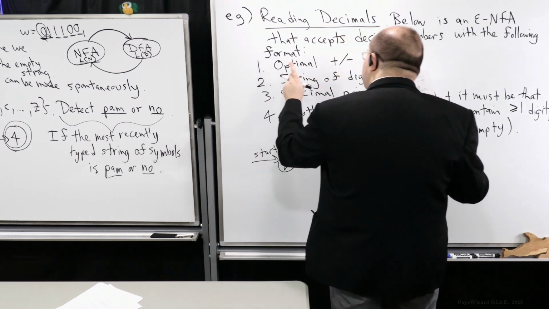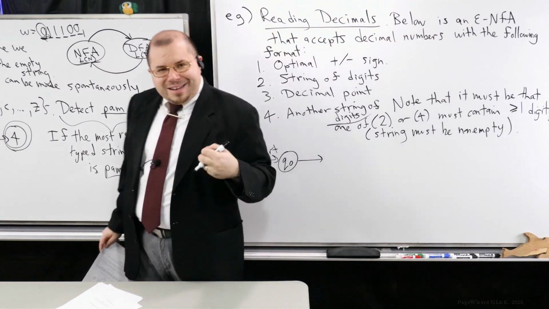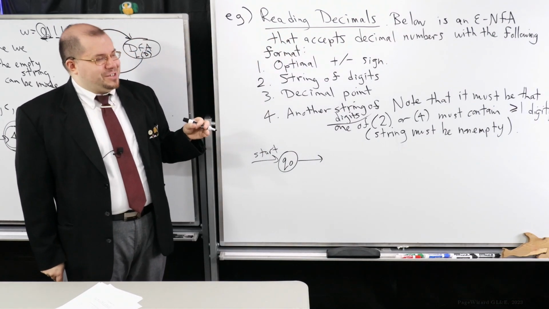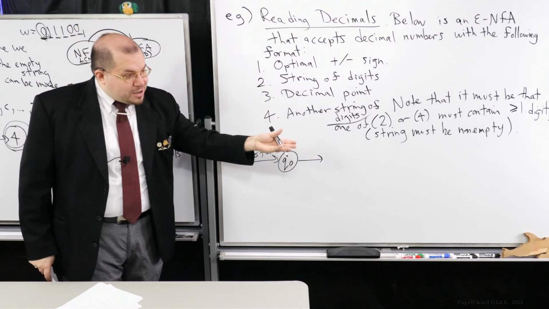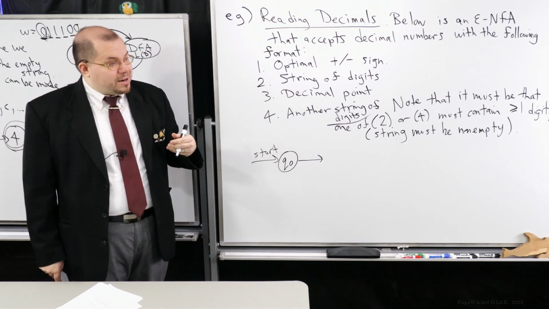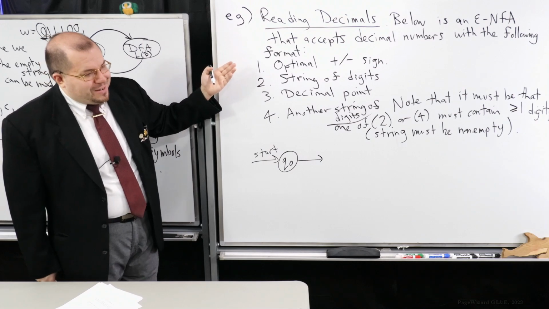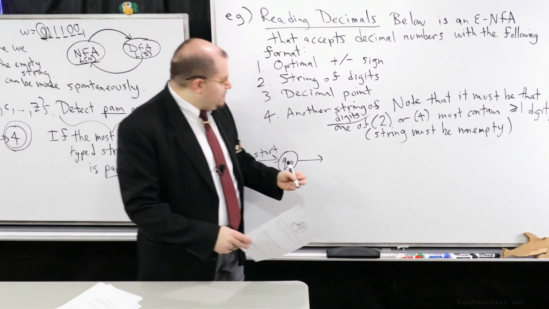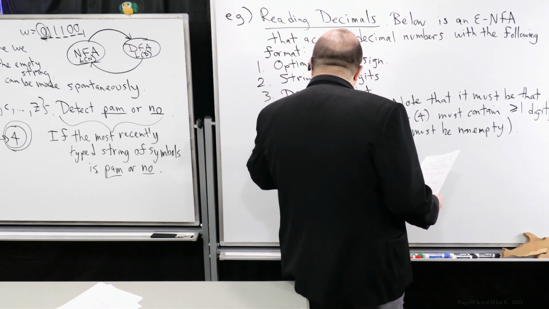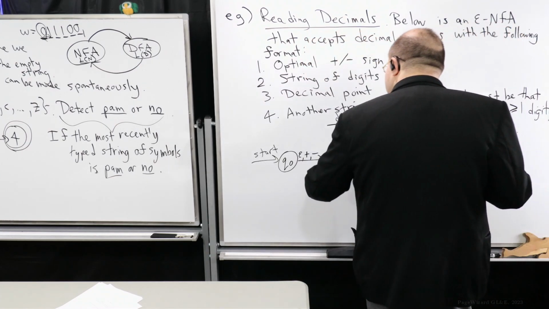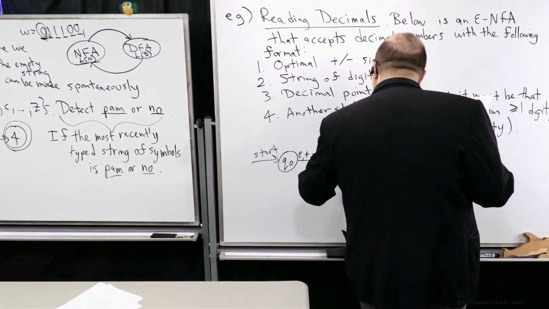Now, for an optional plus or minus sign, the minute you hear optional, you might suggest using an epsilon transition. It's like if I have the puppy dog, I can give it a treat, or the puppy dog might do a trick and get the treat. If you have leeway like that, this sounds like an option. So let's have an epsilon transition. It can read a plus or a minus, but only one of these, and then it takes us to a state we're going to call Q1.